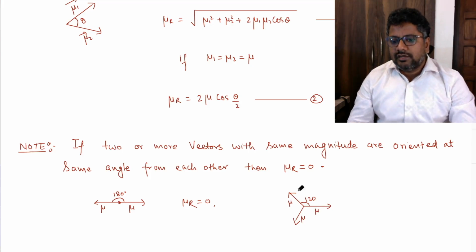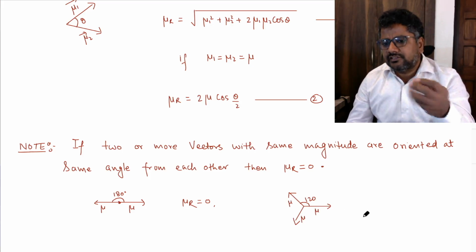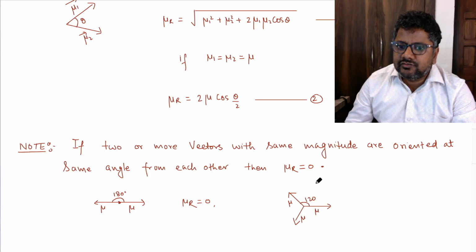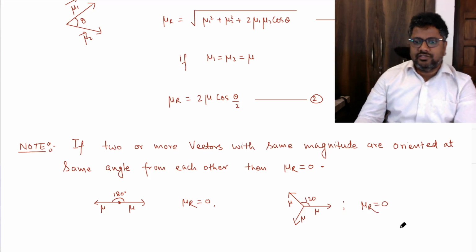How to calculate the resultant? In physics you have learned how to add multiple vectors. The resultant of these two is cancelled by this one, and similarly for the others. I am not going into that, and I can say mu r is equal to 0 for this.